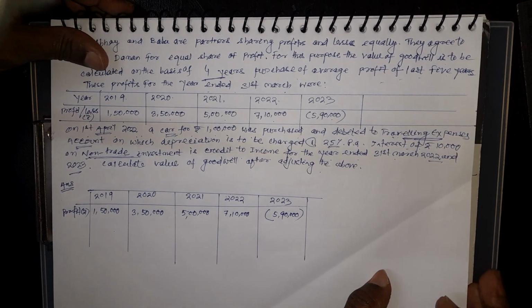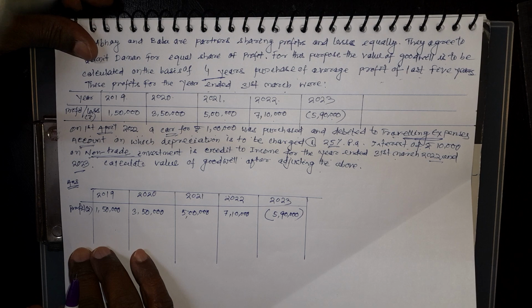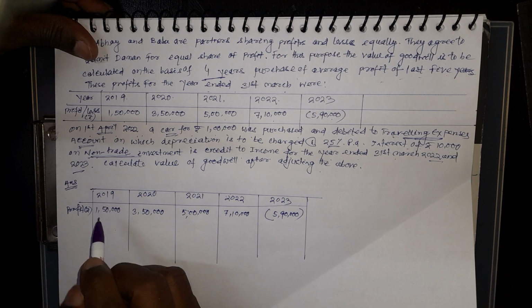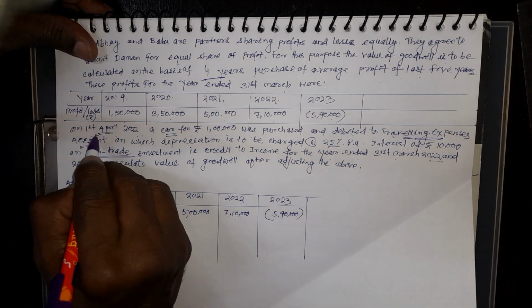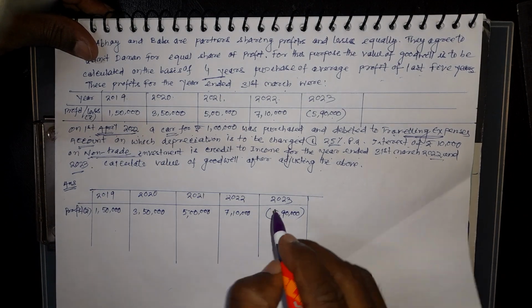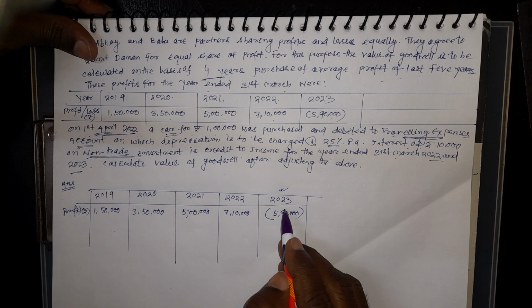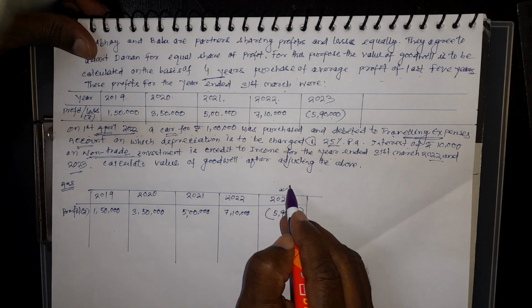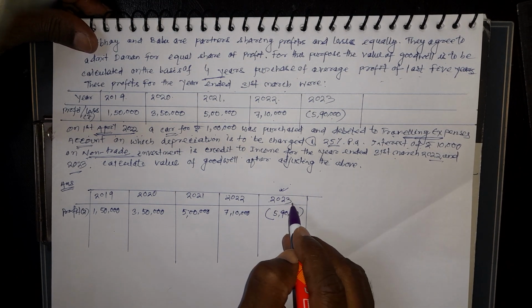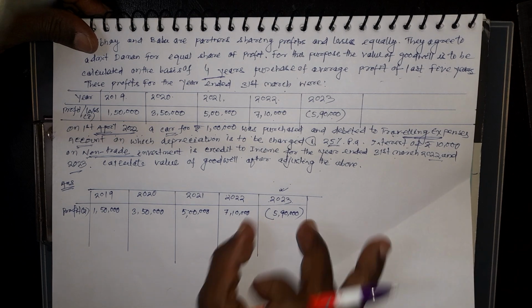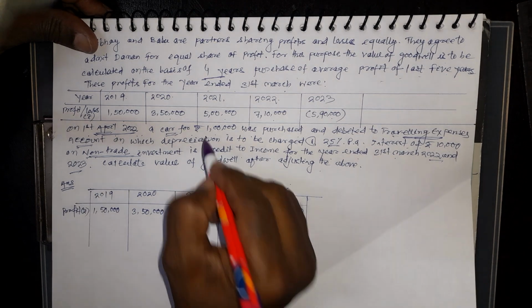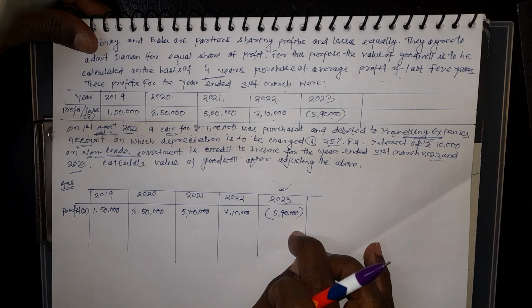Clear? Generally the accounting year starts from 1st April. So here 1st April 2022 is coming under this accounting year, 1st April 2022 to 31st March 23. The car was purchased in this accounting year.